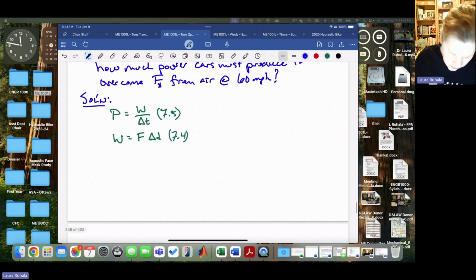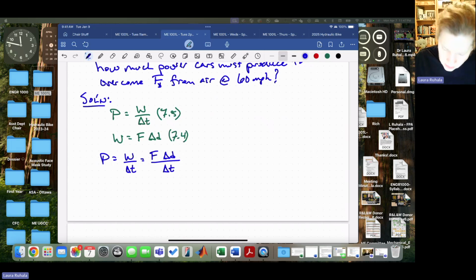So let's play with these two equations. We have power is equal to work per unit time, so we could say that is force times distance traveled per unit time. And lo and behold, like I mentioned in the lecture, that should look familiar. That is by definition the velocity.